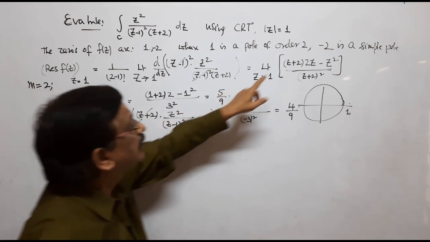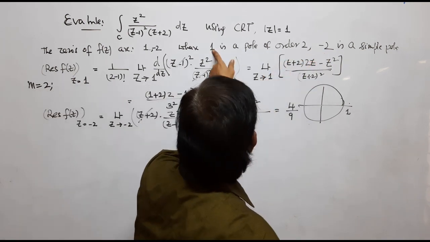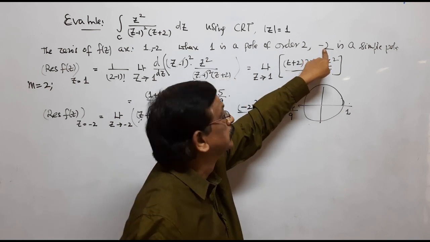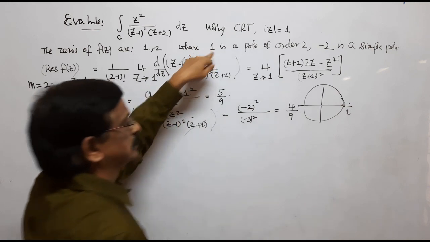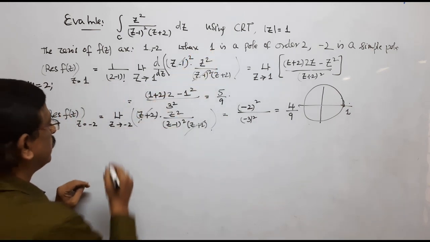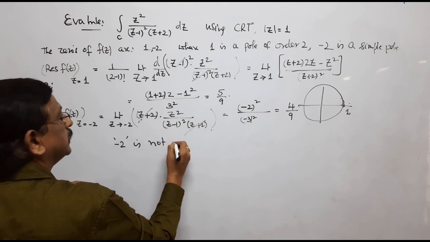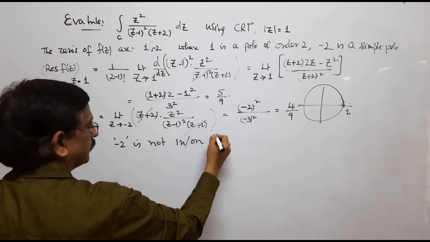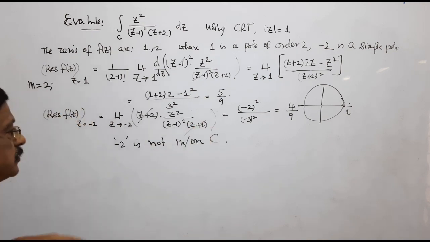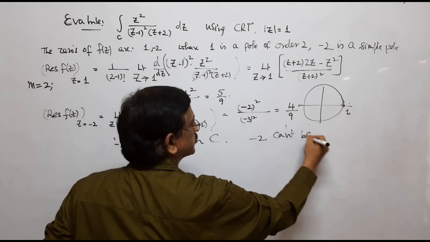Now, if you look at 1 and minus 2, 1 will be on the circle, whereas minus 2 is not inside C or on C, on the curve. So minus 2 cannot be a choice.